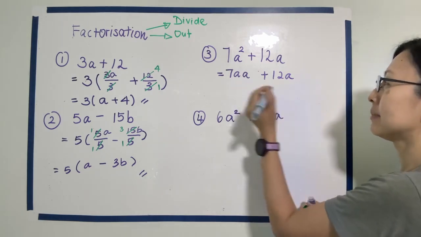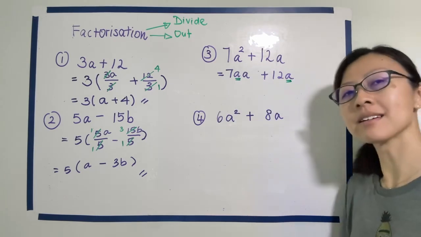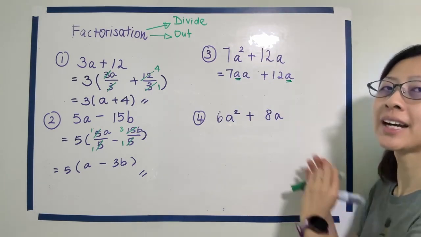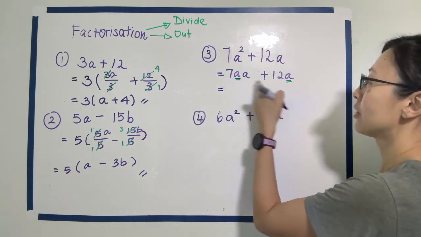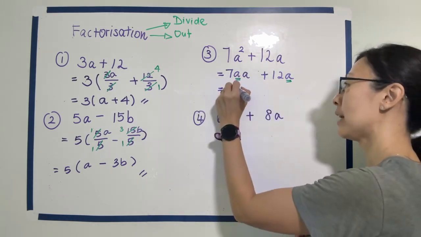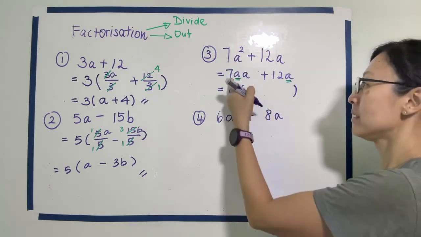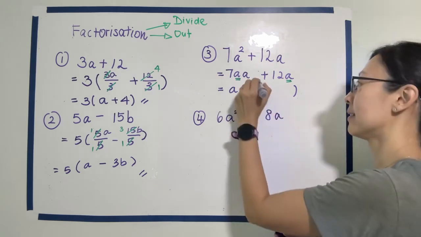Each term here has a as a common factor, and this is what we will be dividing out. When we divide it out of each term, it will be brought out of the bracket. So each of these terms will have to be divided by a.